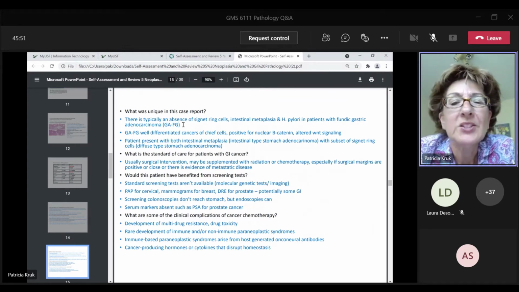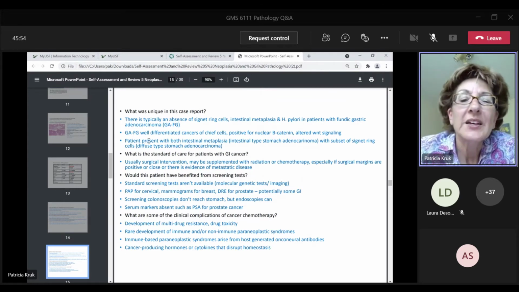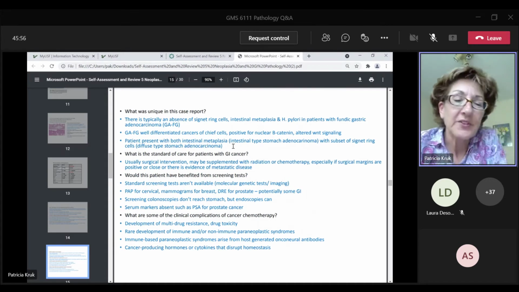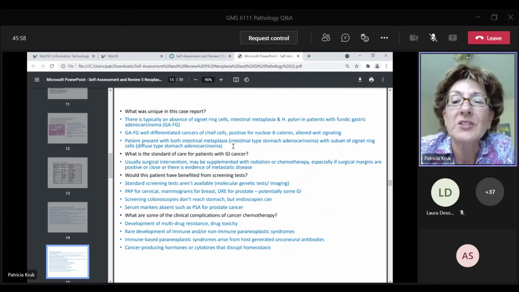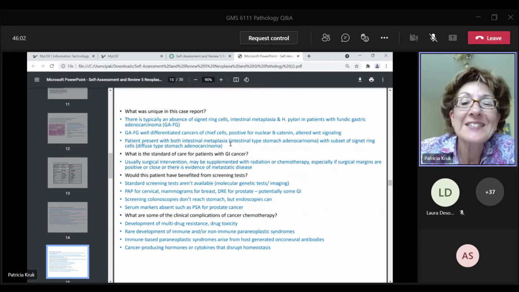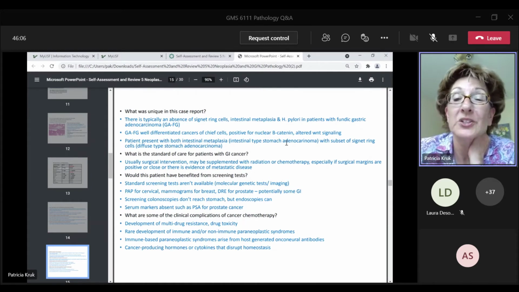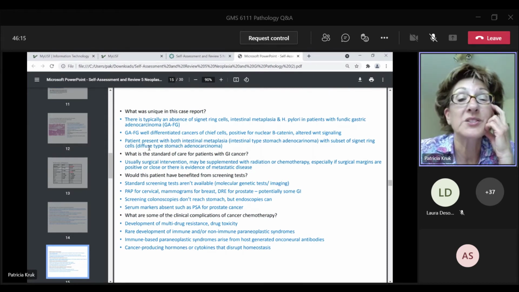In addition, we talked about the types of adenocarcinoma of the stomach being typically either intestinal or diffuse. The intestinal type is typically the result of a background of intestinal metaplasia, which the patient did show, and she also had some signet rings, which are typically characteristic of the diffuse type.